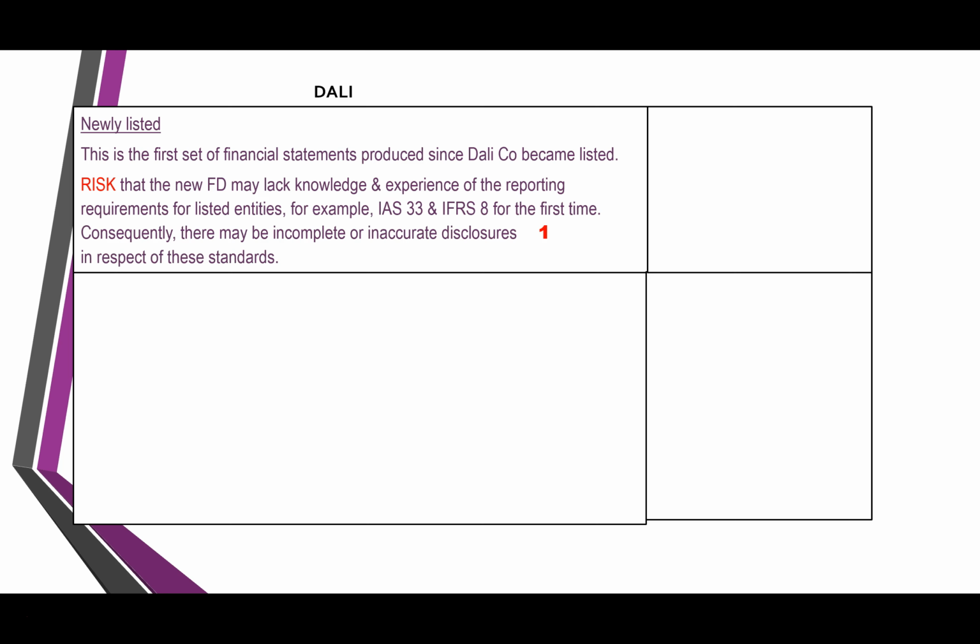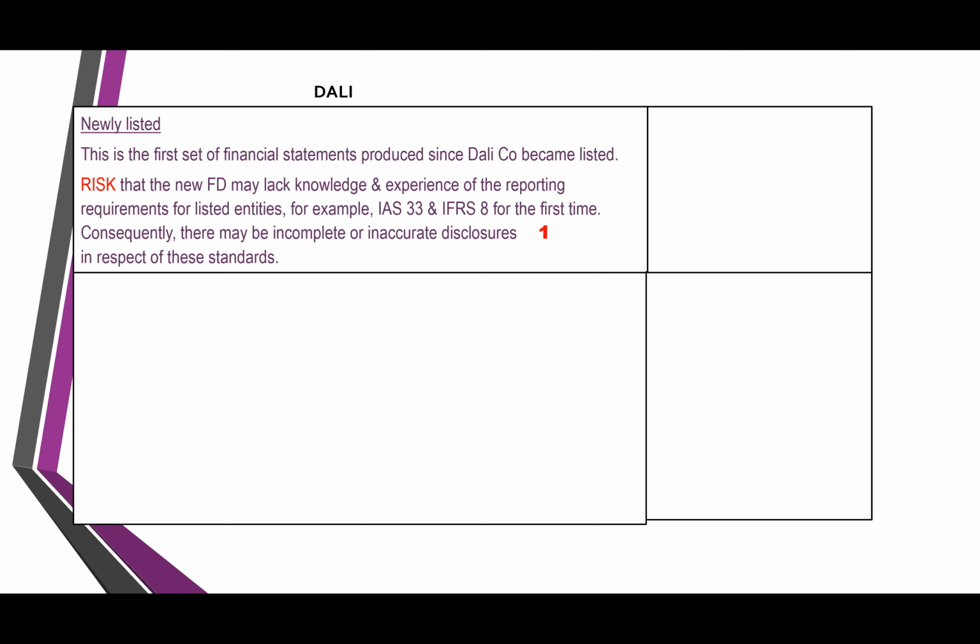Risk that the new finance director may lack knowledge and experience of the reporting requirements for listed entities, for example, IAS 33 on earnings per share, IFRS 8 on operating segments for the first time. Consequently, there may be incomplete or inaccurate disclosures in respect of these standards. 1 mark for the risk.